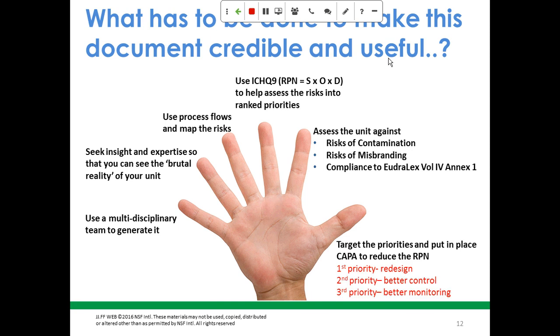And ultimately, once the scoring of each of those risks is codified, you can then look at the scoring system and, as a first priority, look to redesign that process, that facility, that utility in a way that improves the level of risk management as a 100-year fix, not as a sticking plaster, but something that will endure and be robust for the long term.